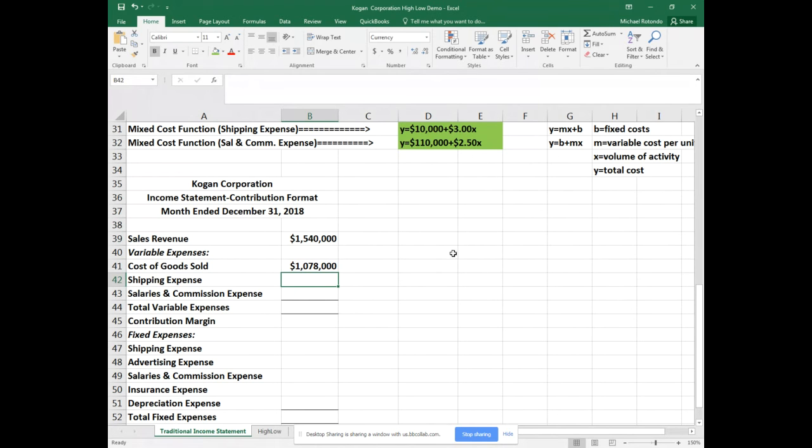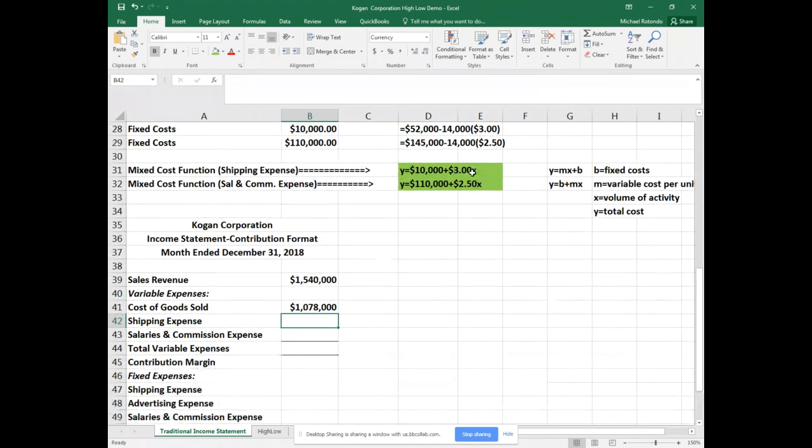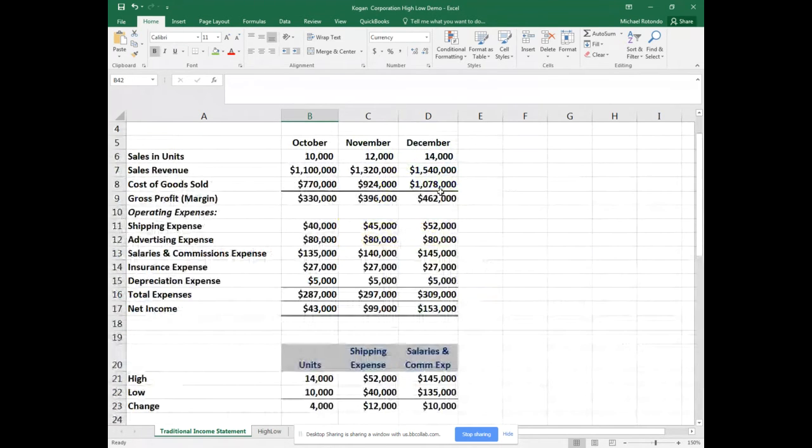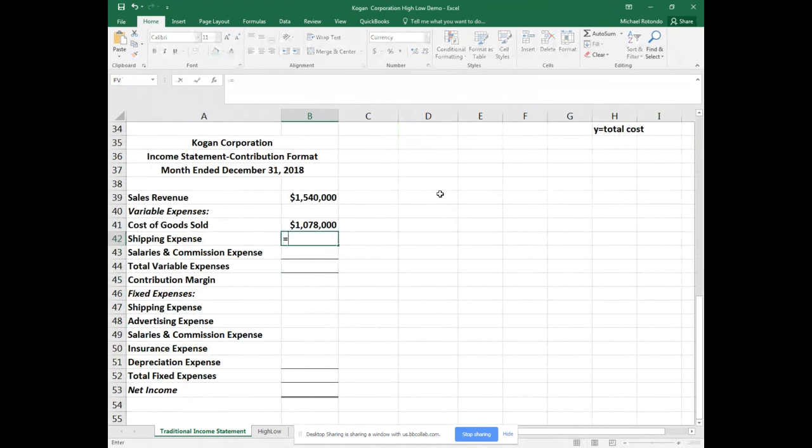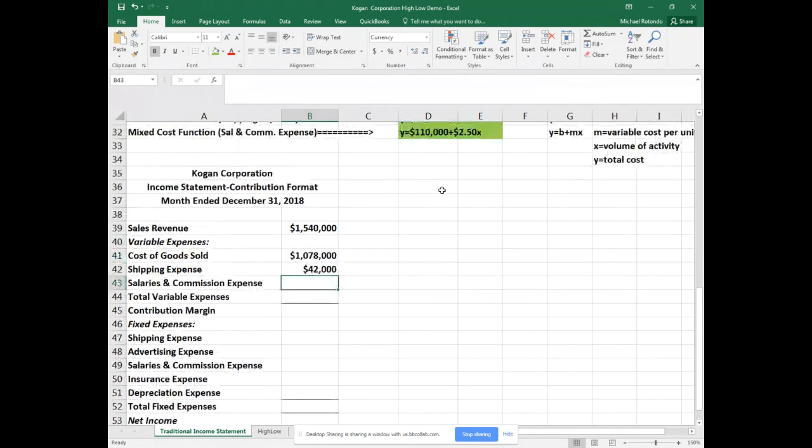So what is our variable expense for shipping? It's the $3 per unit times the high number of units, so we take $3 per unit times the 14,000 units. That's $42,000.